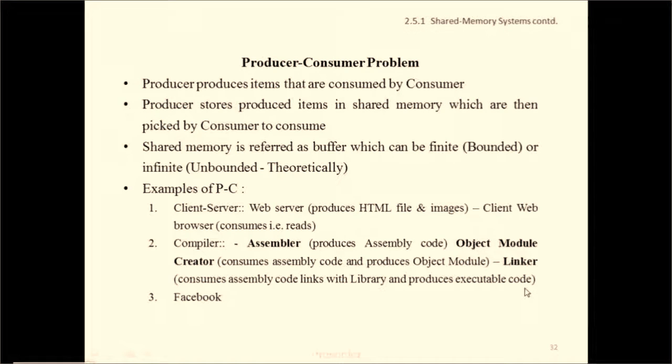Right? So assembler is producer, object model creator is consumer. In the next step, object model creator is producer and linker is consumer. Another example is Facebook.